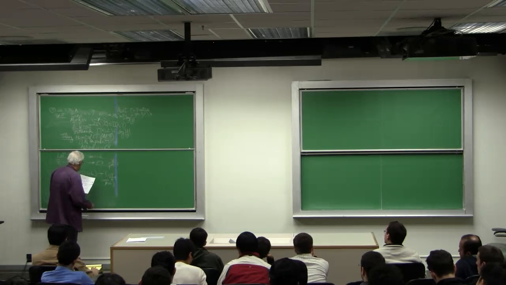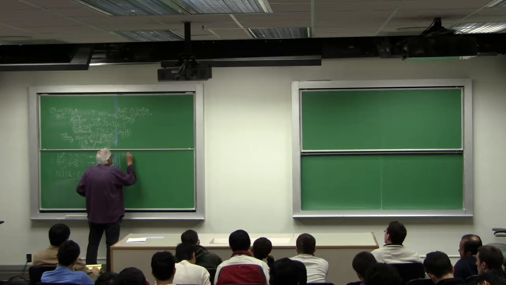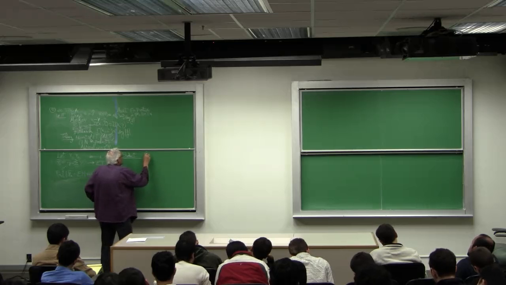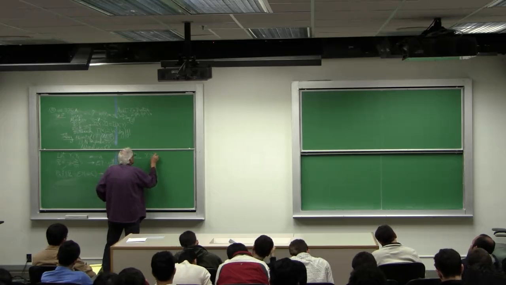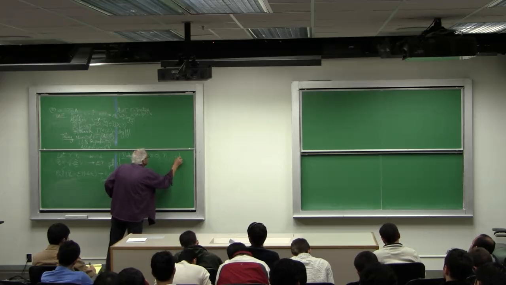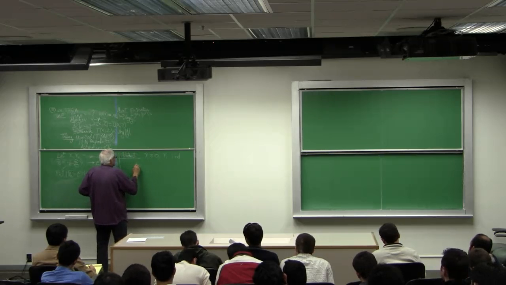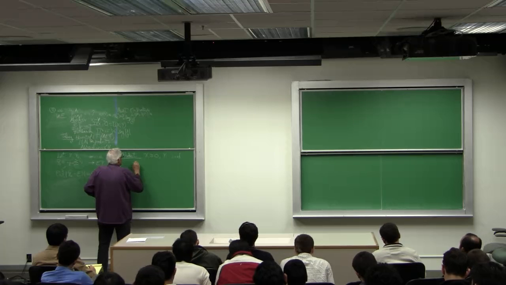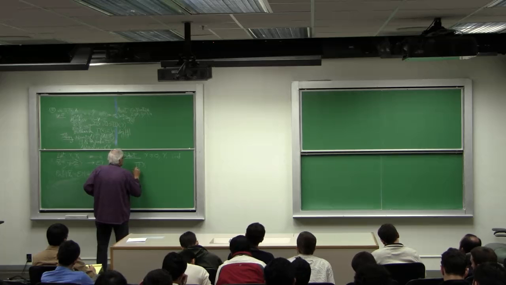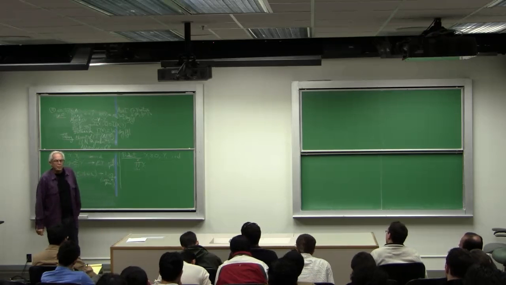Now I ask, what about a product? Let Yi be greater than or equal to 0, Yi an IID sequence, and let's take the product of Yi from i equals 1 to n. How does it behave?